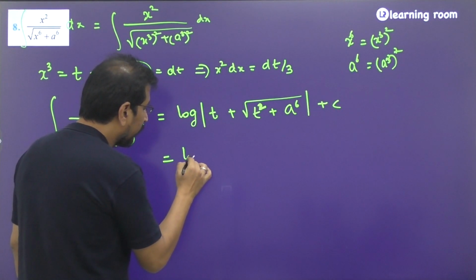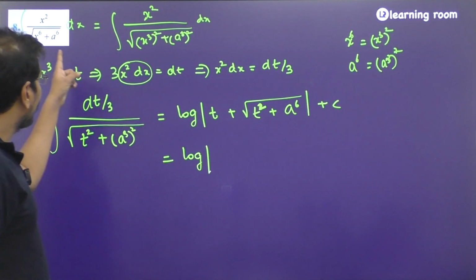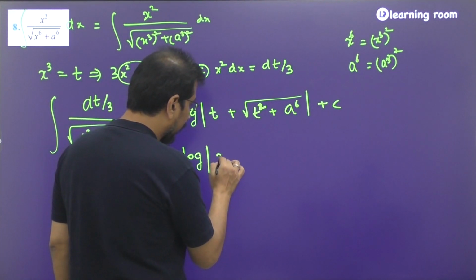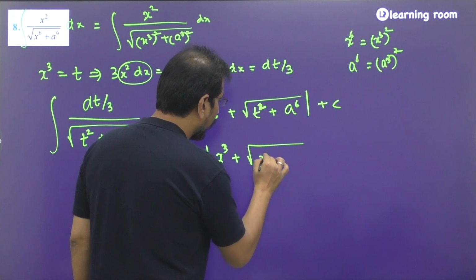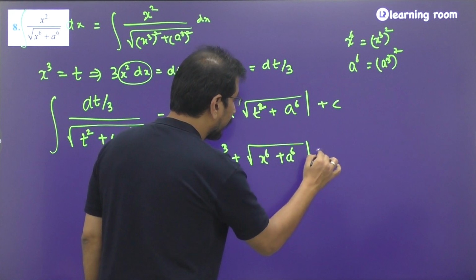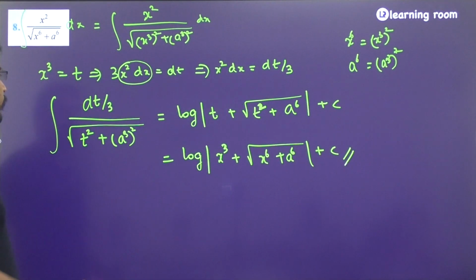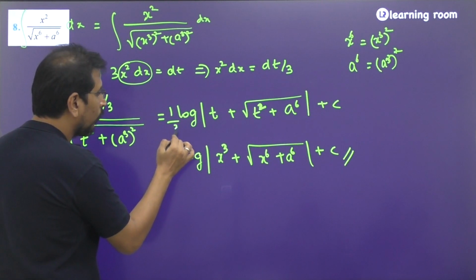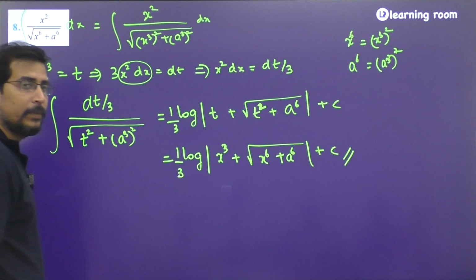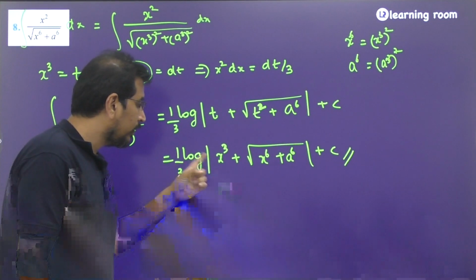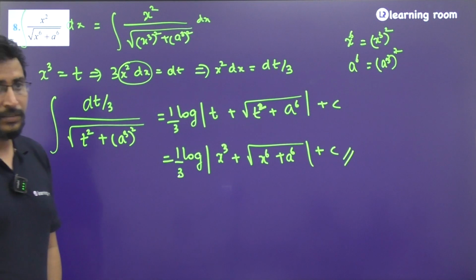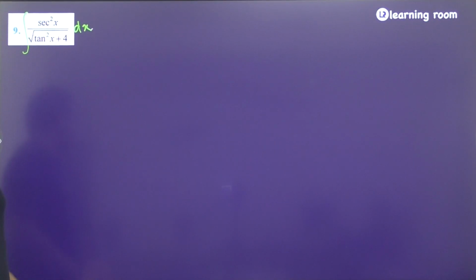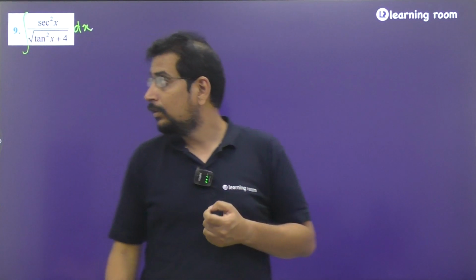So this is going to be log of x cube plus root of x power 6 plus a power 6 plus c. It is dt by 3, so you have 1 by 3 here. So the answer should be 1 by 3 times log of x cube plus root of x power 6 plus a power 6 plus c.